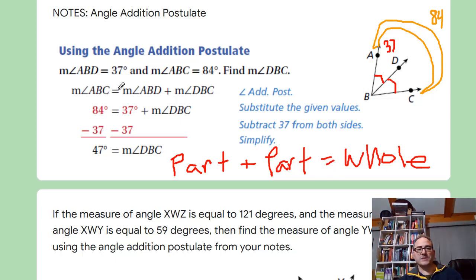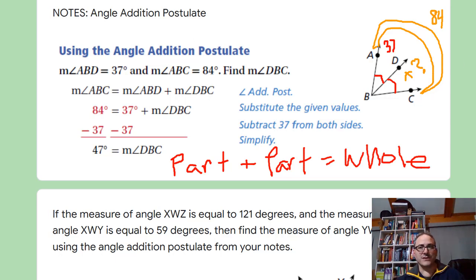We can set this up in terms of math: this here will equal this piece plus this piece. We know what that piece is, and we can give this a variable. We can call that x, which is really just a question mark. Since I don't know what it is, I'll call it x. I could call it z or r, it doesn't matter. So I'm going to say 84, which is the measure of the whole, is going to equal 37 plus x.